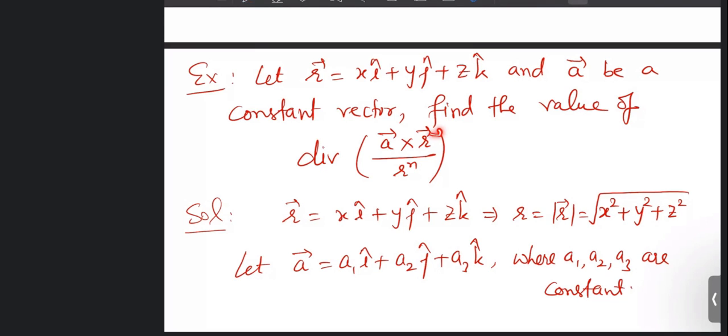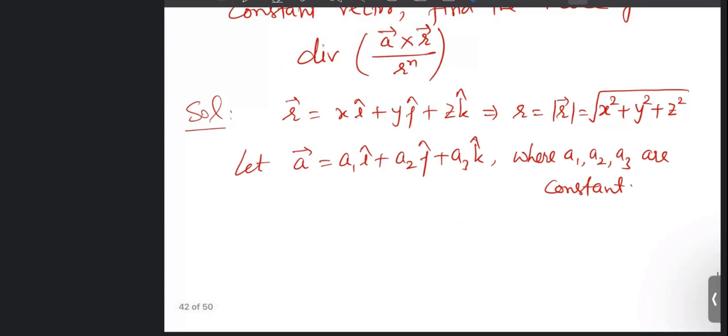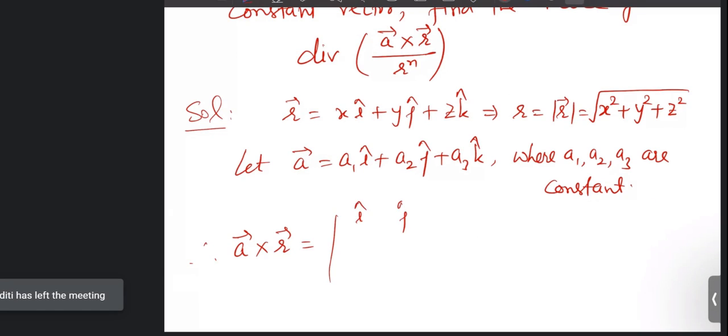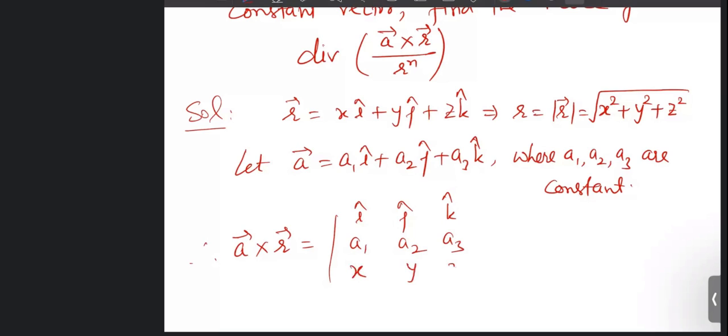Then A cross R is to be determined first, then consider R raised to power n. Find A cross R: the vector A cross R is the determinant with rows i, j, k; A1, A2, A3; and x, y, z.